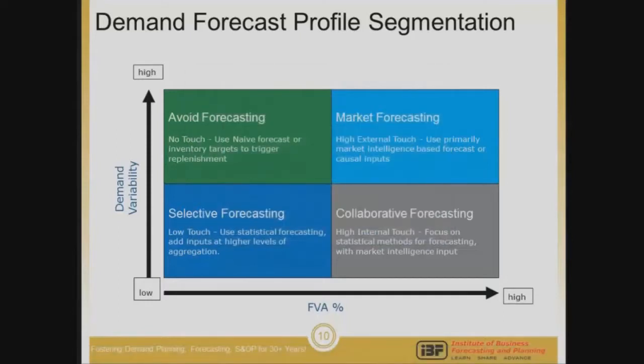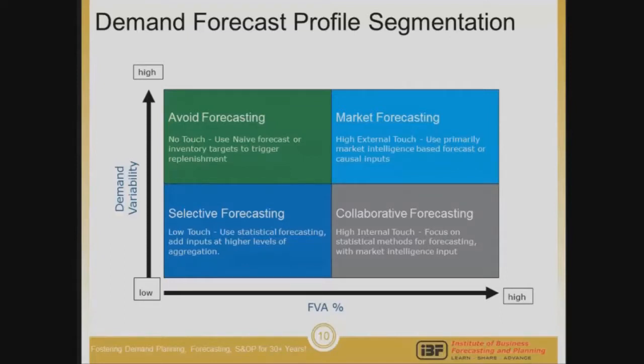So what I'm doing is I'm looking at all my items, the items that we are currently forecasting, and I'm plotting them on this graph, saying, okay, these have negative forecast value add, these are positive forecast value add, here's a high forecast error rate, here's a low forecast error, and I'm putting them in these quadrants to determine where they're going to fit in the different boxes.